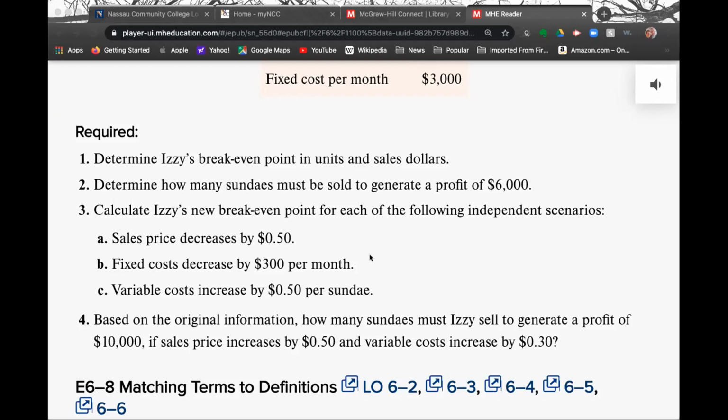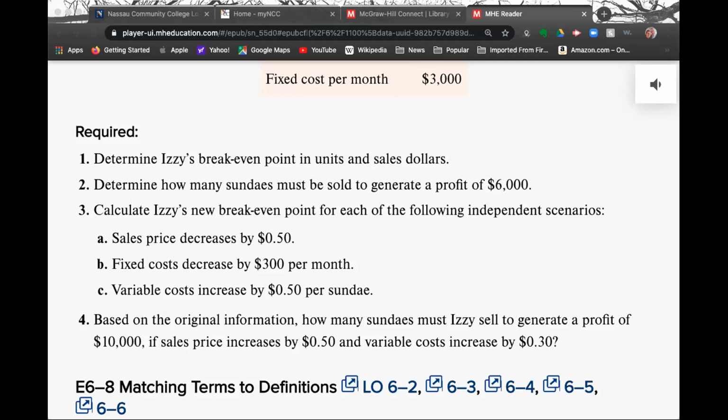Go back to the original example again. If you get confused, the original example, we said the variable costs were $2. If we raised that to $2.50, that would lower the contribution margin to $2.50 a unit. If I take the fixed cost, $3,000, and divide it by now $2.50, I would need to sell 1,200 sundaes to break even.